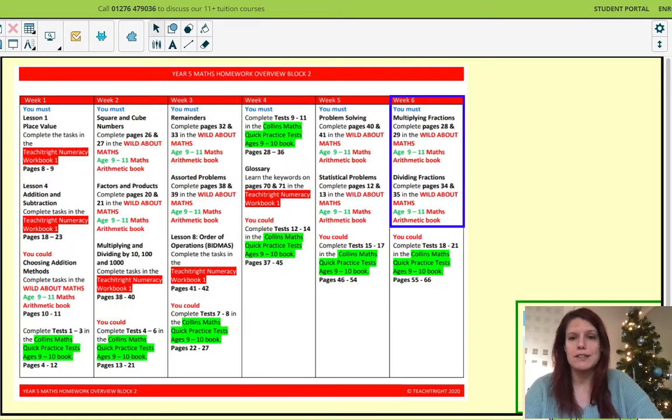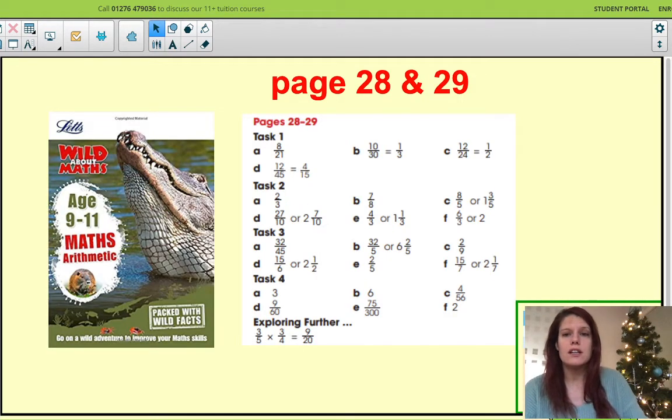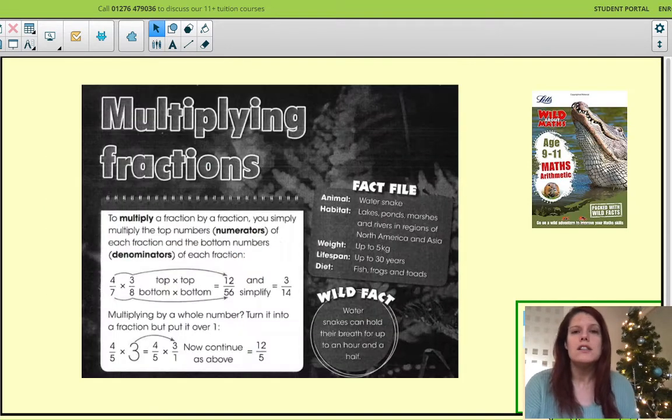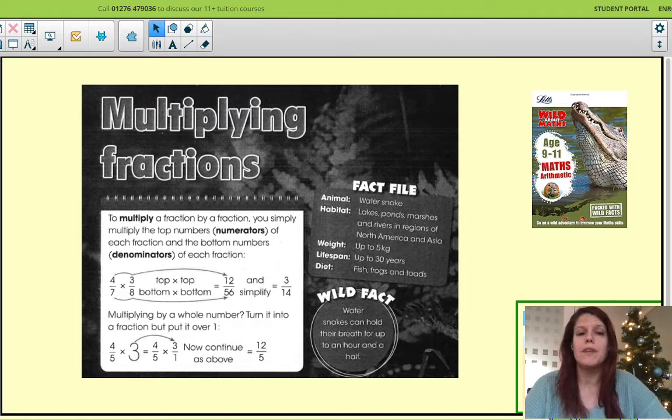This week we were using your Wild About Maths book and we were looking at multiplying and dividing fractions, starting on pages 28 and 29. To multiply a fraction, you multiply the top numbers, which are numerators, of each fraction together, and also the bottom numbers, which are called the denominators.